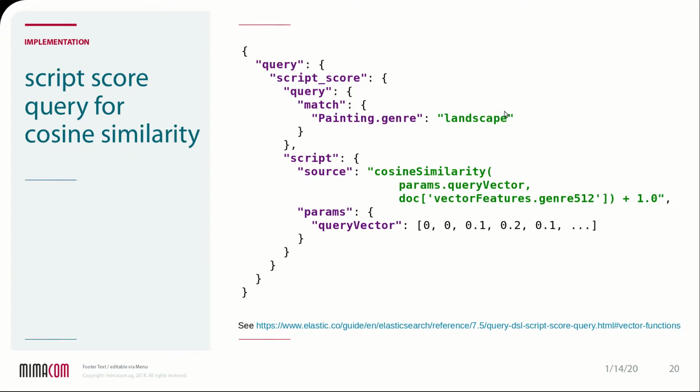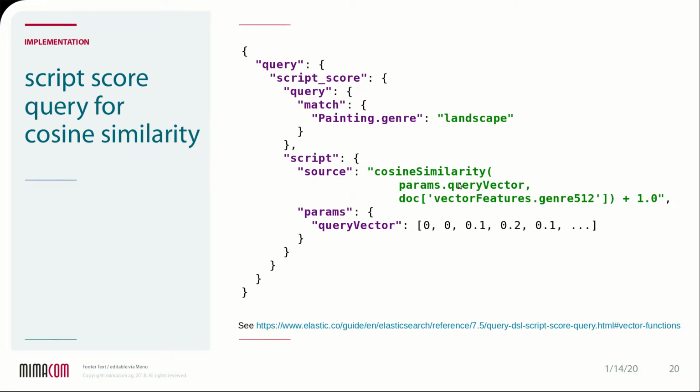Now, when we want to query for similar images, what we need to do is we submit a script query, and we use the script for scoring. And there are pre-built functions in Painless script. For example, cosine similarity is already implemented in Painless script.